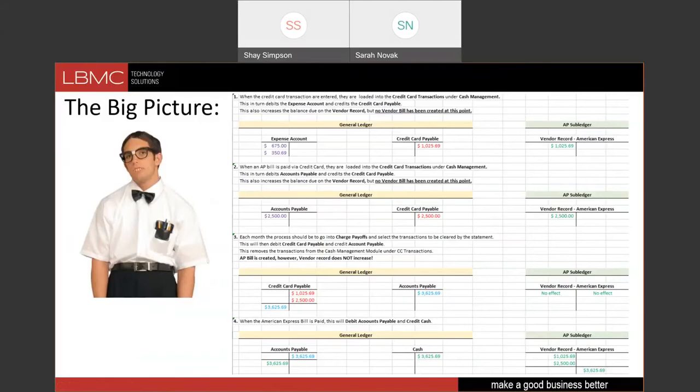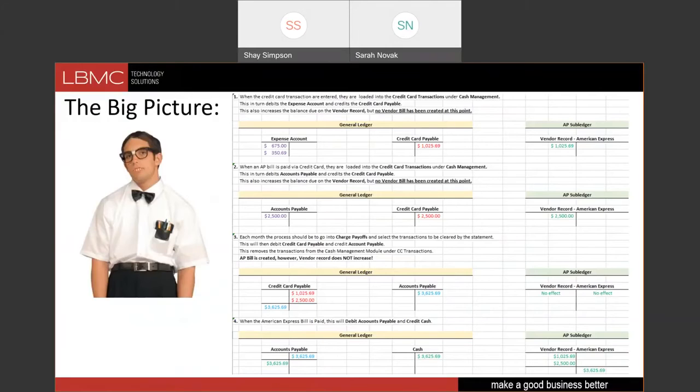So I am going to pause for a moment because are there any questions that have come up thus far? There is a question. Is there a way to make all the Amex cards actually point to just one American Express vendor? Or does it have to create a new vendor for each card?